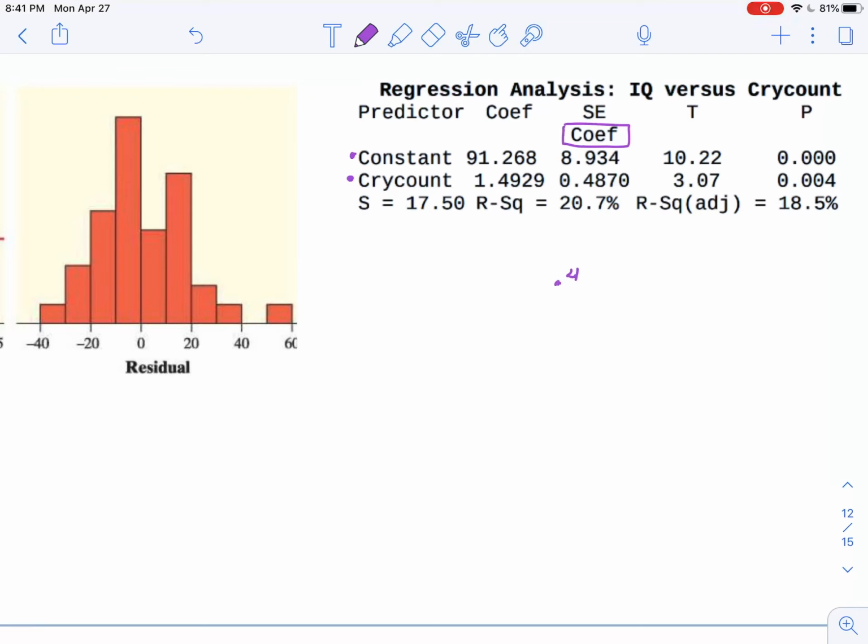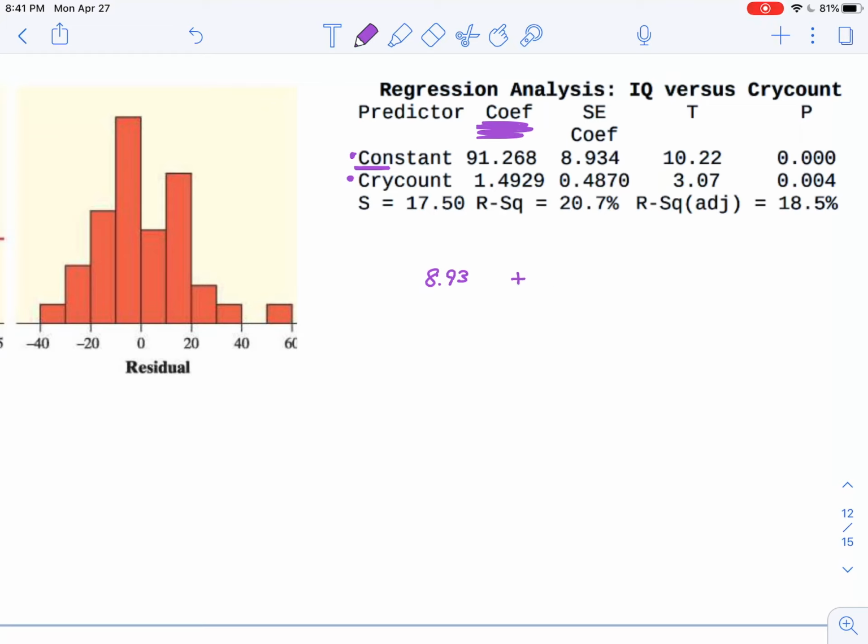Now if you look over, the cry count is the x variable.